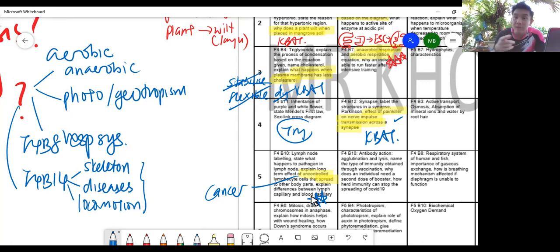Guys, not 2021, that one is your SPM. One of the students was asking me, so what about 2021? I said, I'll give you after. Confirm 100% kena. So, yeah, I'll be giving you the analysis of even 2020.